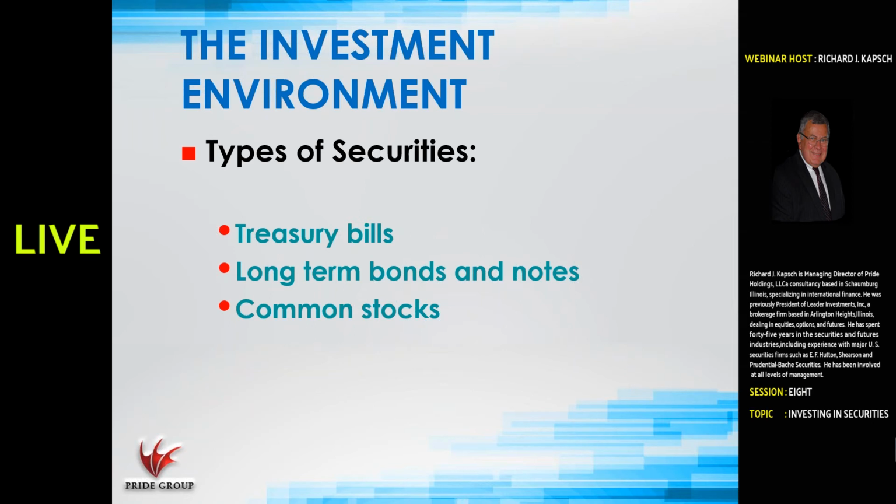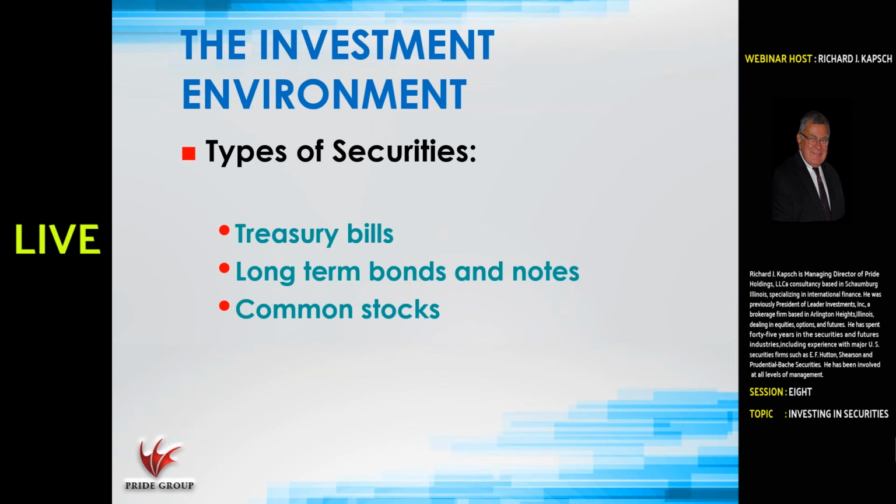Okay, a second form of security, which are lumped together, are long-term bonds and notes. These are also agreements, usually from governments, but can also be from corporations, in which they agree to pay you back some amount of money at the end of the term, and in the interim they also make interest payments.